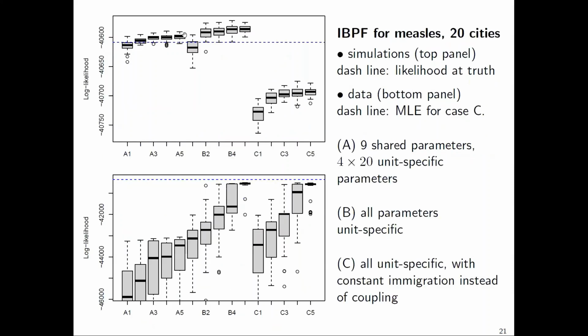So this was kind of interesting for us because we wanted to do this sort of analysis and just hadn't been able to for a long time. And again, the top panel here is on simulated data, and what's going on here in case C, we don't have coupling. We just do a simple thing to avoid coupling just by giving each city a certain background level of immigration.